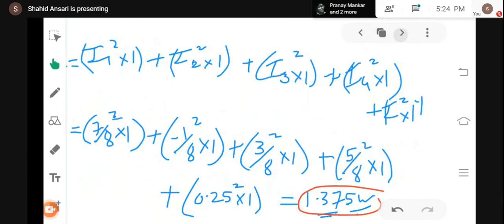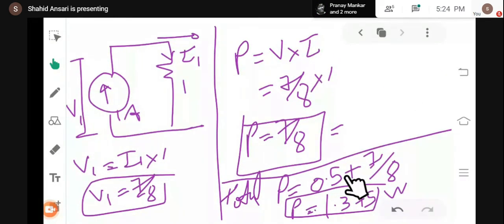This is 1.375, and this is also 1.375. So you can simply calculate the power by both methods. Either find the power absorbed by individual elements and add them, or simply find the power delivered by the sources present in the circuit.